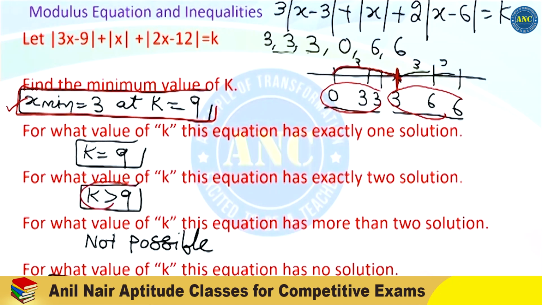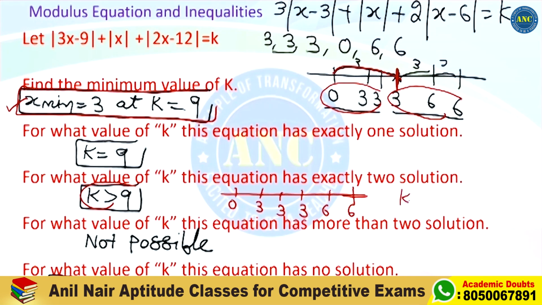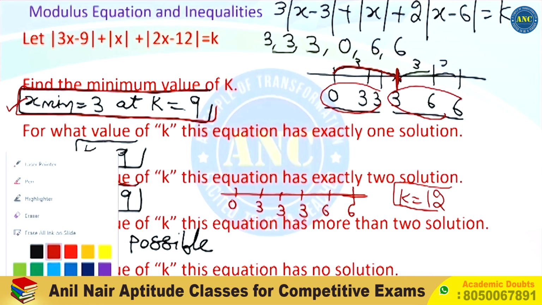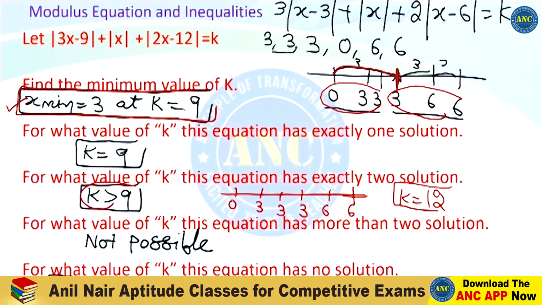Now I will tell you why it has two solutions. Take the points 0, 3 and 6. For example, if I take k equivalent to 12, I'll prove why two solutions will come. If x is 0, the value is nothing but 21.